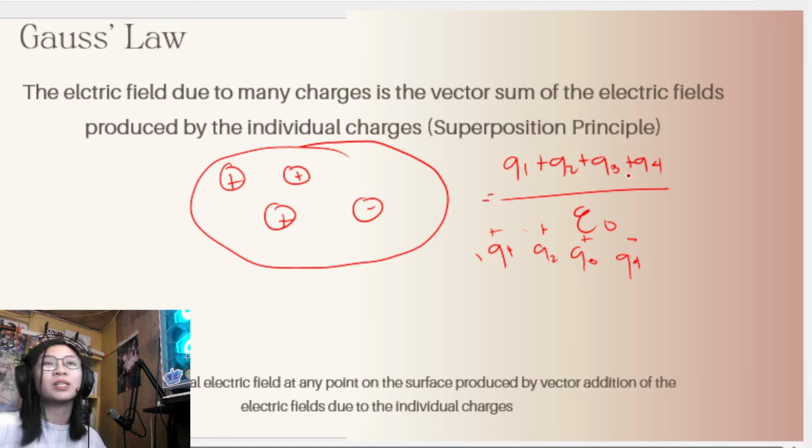Q1 plus Q2 plus Q3 plus Q4 over epsilon naught. Okay. And be wary of their signs. So let's say here that Q4 is negative, therefore Q1 plus Q2 plus Q3 minus Q4, because Q4 is negative. So mag-matter ang iyahang sign, ang iyahang charge.